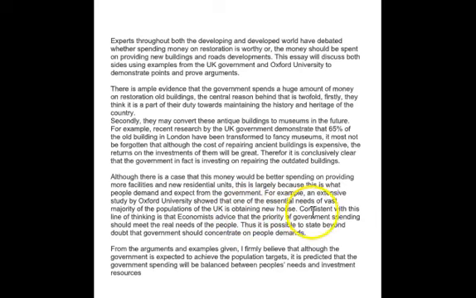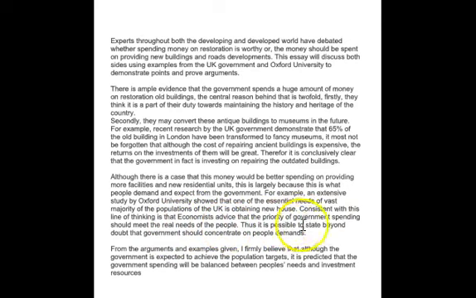Consistent with this line of thinking is that economists, no capital E, because we're talking generally, economists advise, A-D-V-I-S-E, that the priority of the government spending should meet the real demands of the people. Well done. Great wording there.